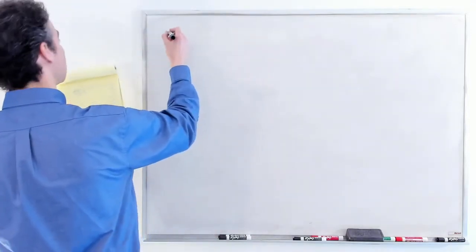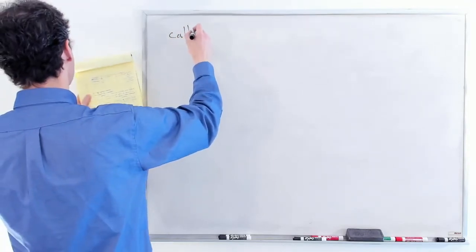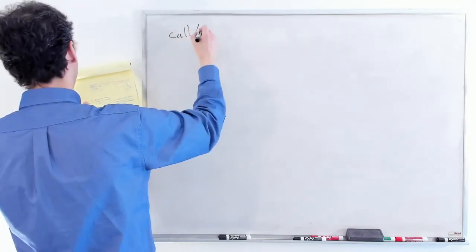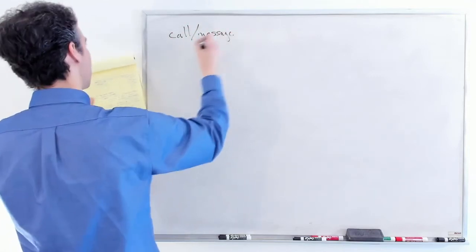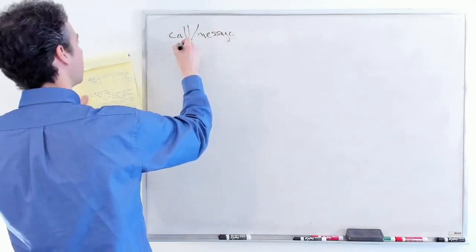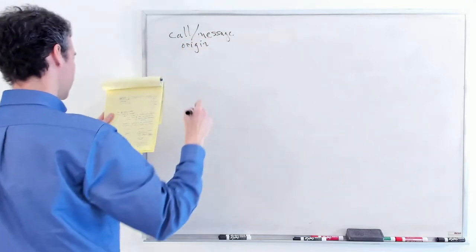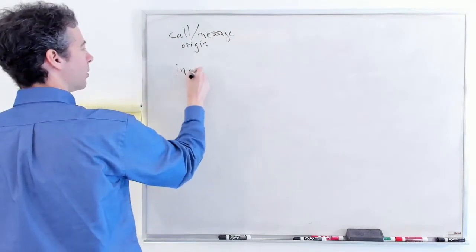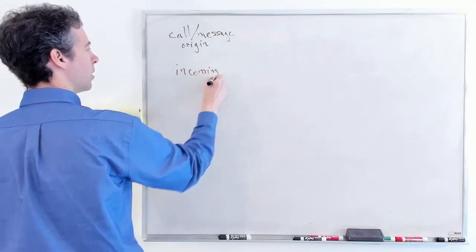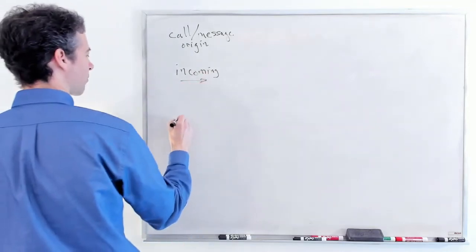All right, so then the big thing is Sandy Metz comes up with this really nice chart that tells us what we should be testing. So we have the call or this message. So what's the origin of this? As we talked about, we have incoming method calls. So these are coming into the object.